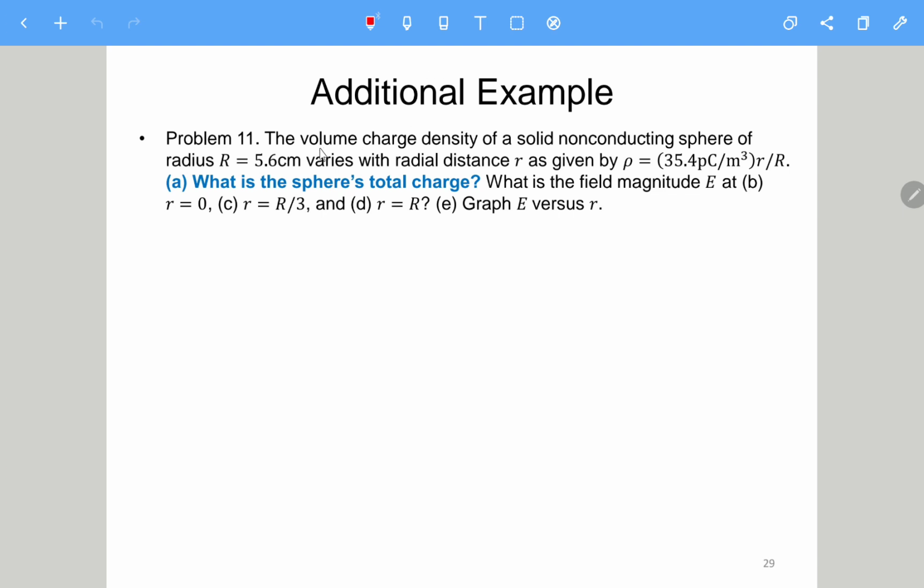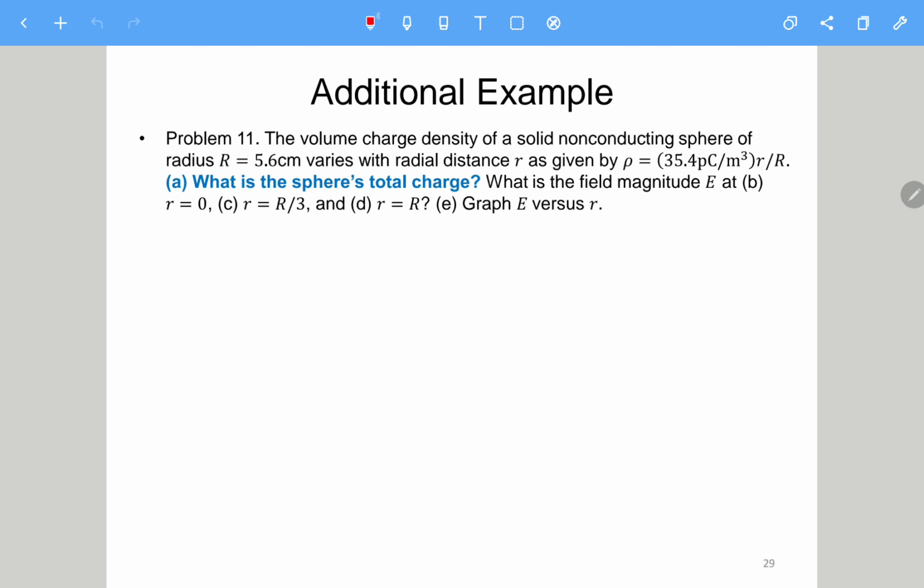So here it says the volume charge density of a solid non-conducting sphere of radius capital R varies with the radial distance r as given by rho equals this thing. This is a constant times r and then divided by capital R. So the SI unit matches.